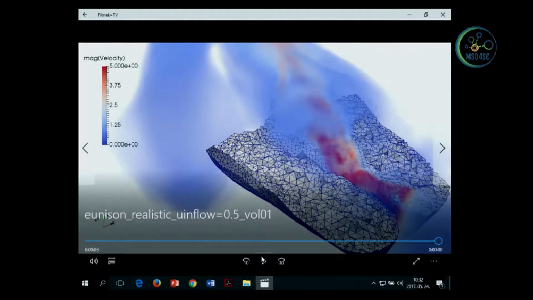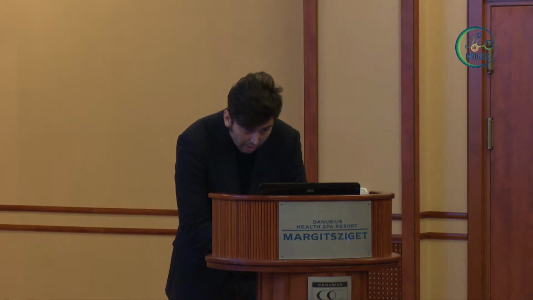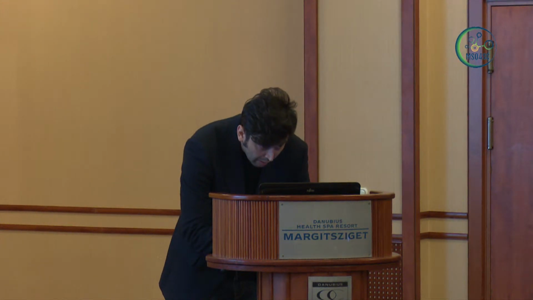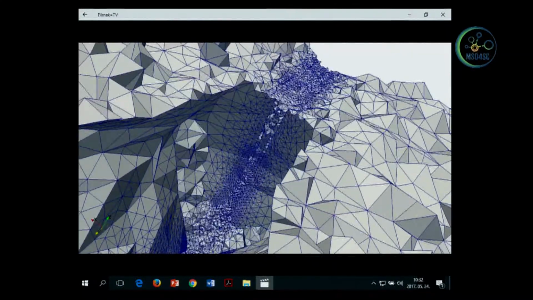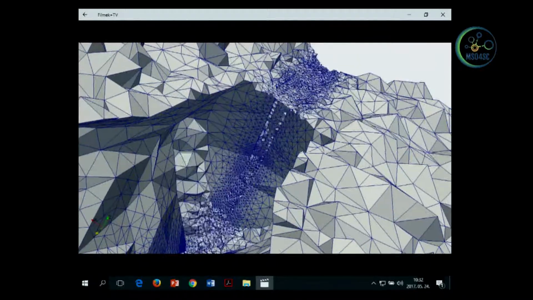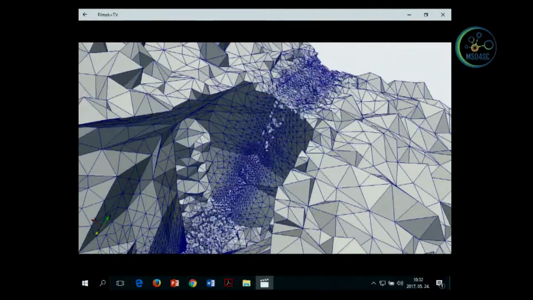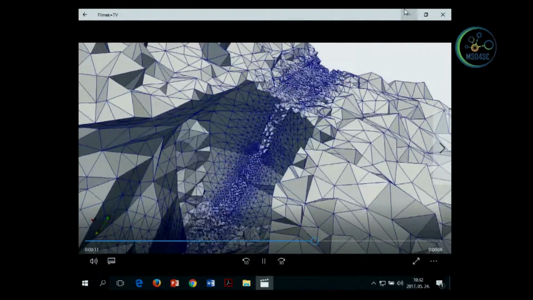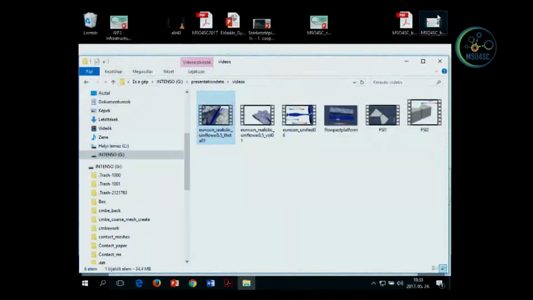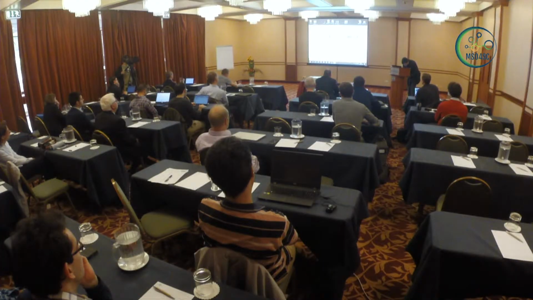And this pattern of contact, I will come to that. It's some good validation that we have achieved. Here is a closer look at the contact pattern happening between the vocal folds in the realistic geometry.